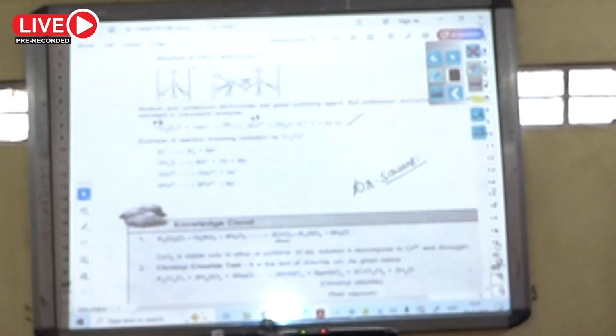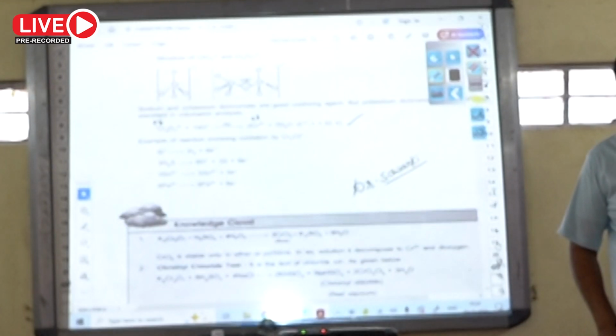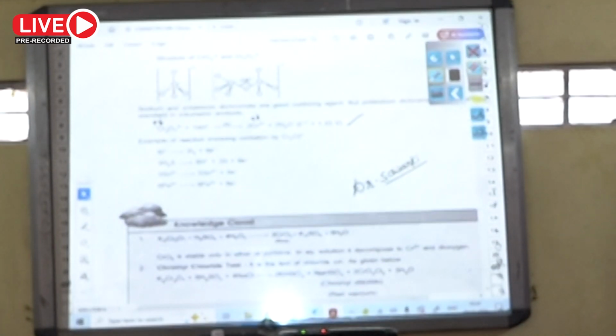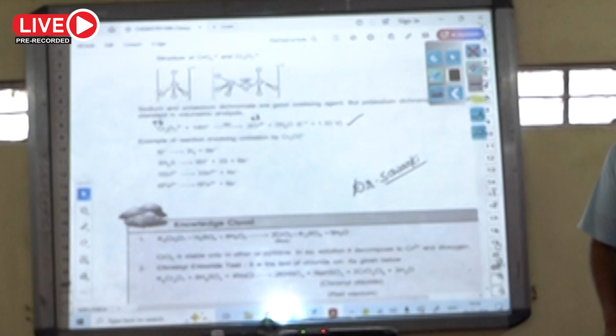For each chromium to convert its +6 state to +3 state, you have to add 3 electrons. There are 2 chromiums in the Cr2O7 2-. That's why you are adding 6 electrons to convert into 3+. So here the n factor is 6.